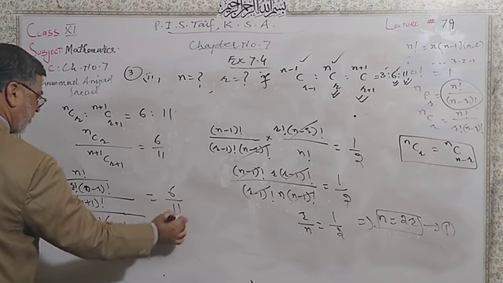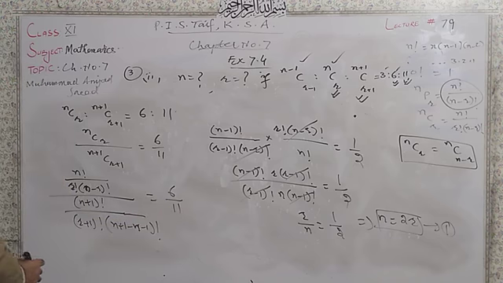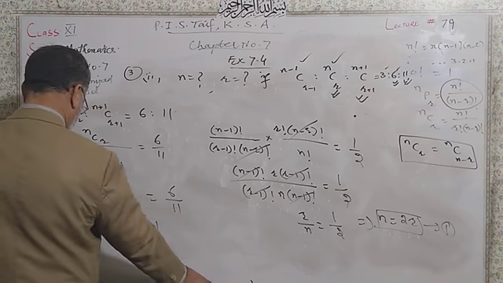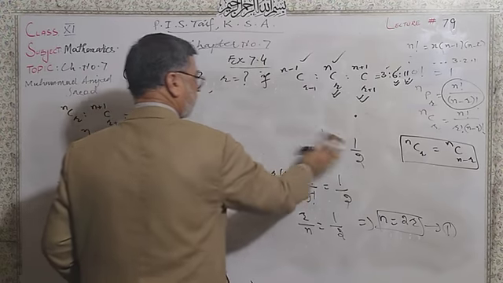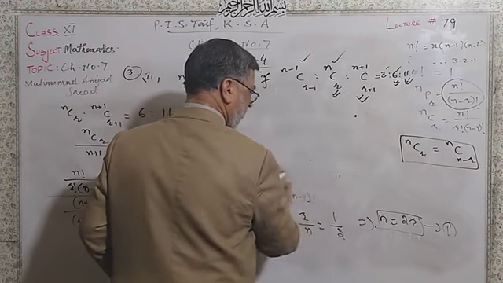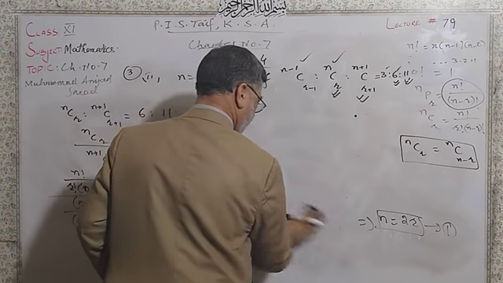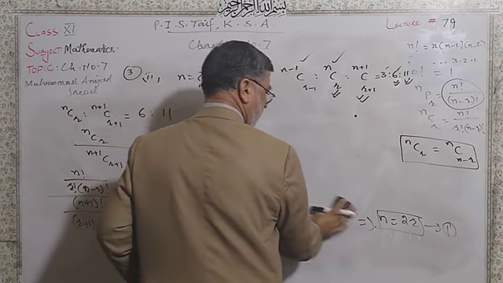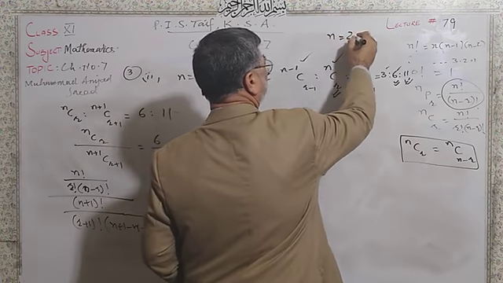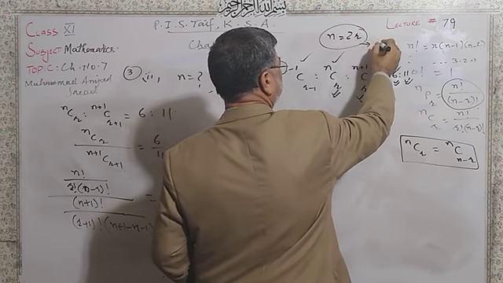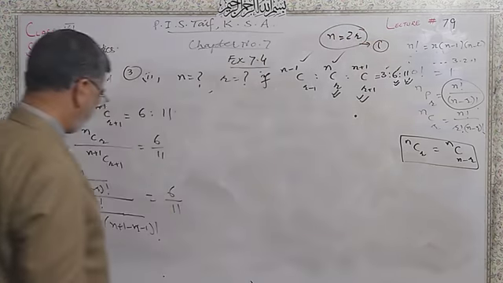That will be 6 over 11. Here we have n is equal to 2r, that is equation number 1.